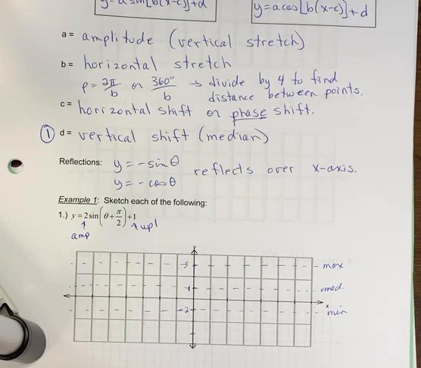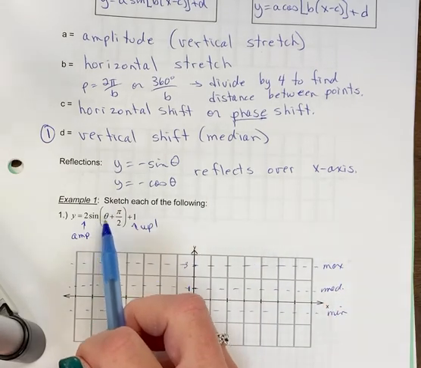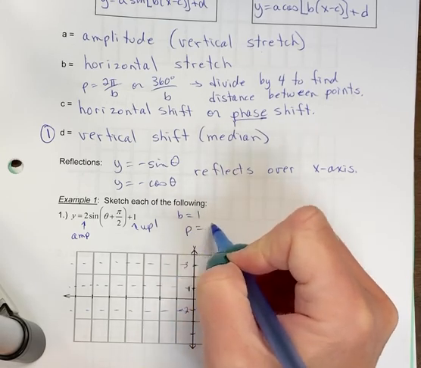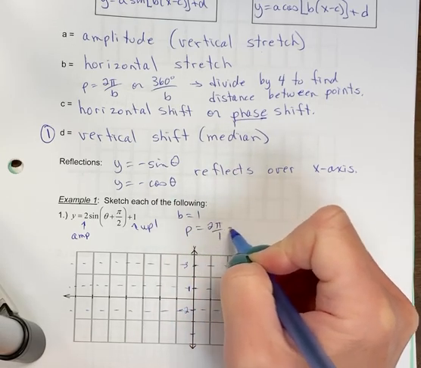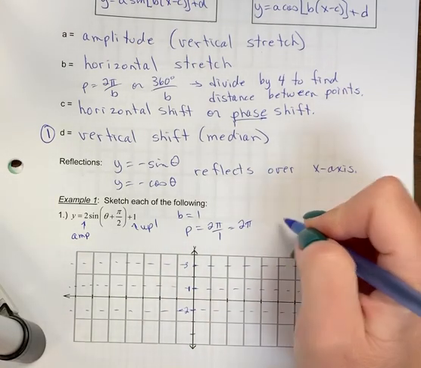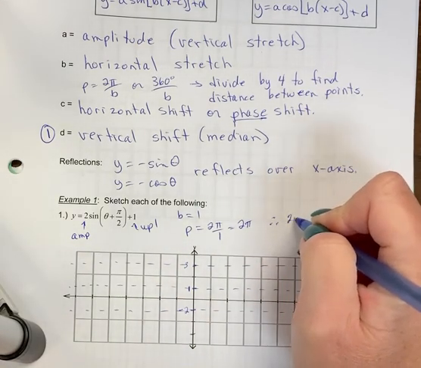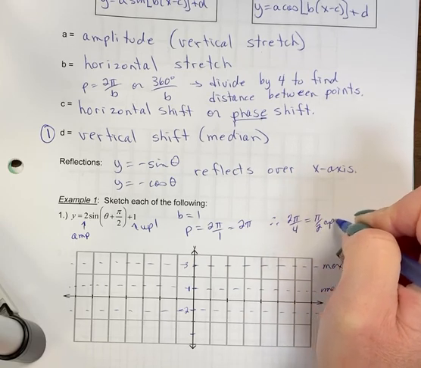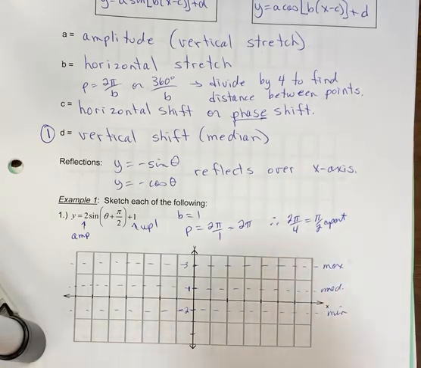All right. Before I can actually start graphing, I also need an x-axis scale. So I look at the B value. It looks like there isn't one, but remember that means the B value is really 1. So the period is 2 pi divided by the B value, or 2 pi, which is our regular width. Remember, if we forget, we're so used to taking our period divided by 4, they are pi by 2 apart. So it's the scale we first learned and that we're used to.